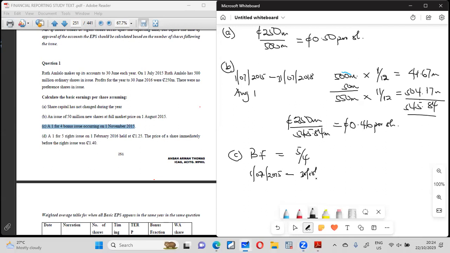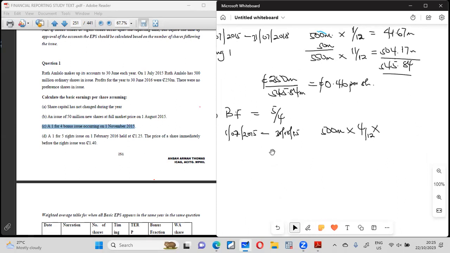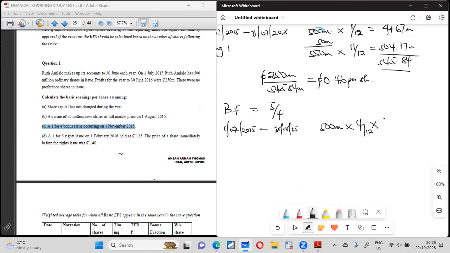The number of shares that existed at that time was 500 million, for how many months? July, August, September, October, 4. So 4 over 12, multiplied by the bonus fraction, 5/4.